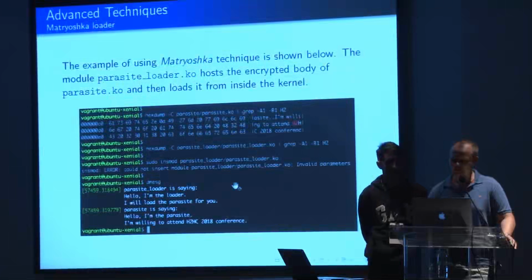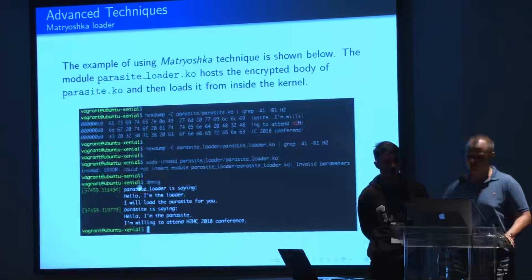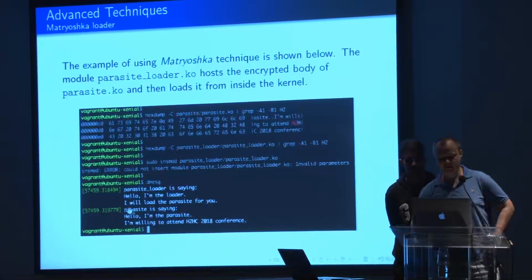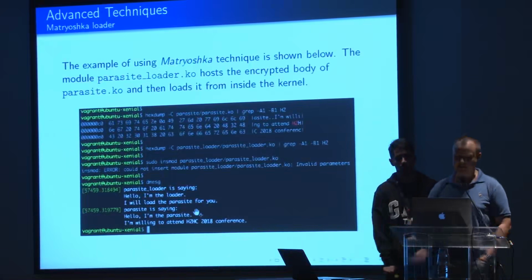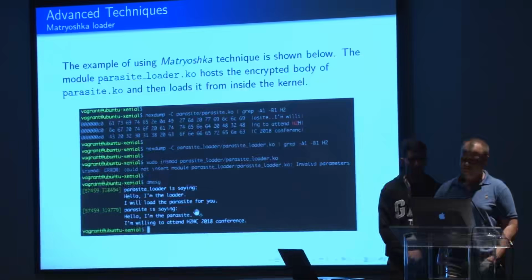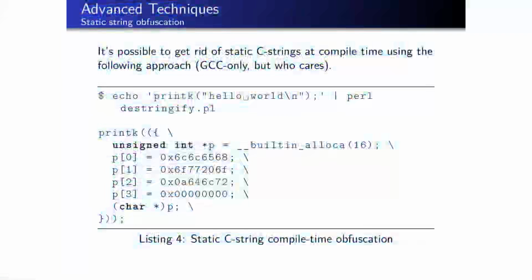But after this loader is loaded inside the kernel, you will see that first parasite loader starts, and after this, the embedded module starts. So this is a basic technique, but it allows you to not have a static signature.